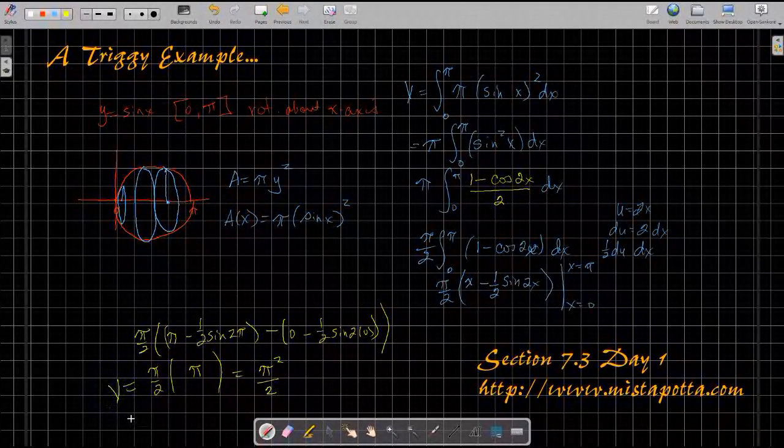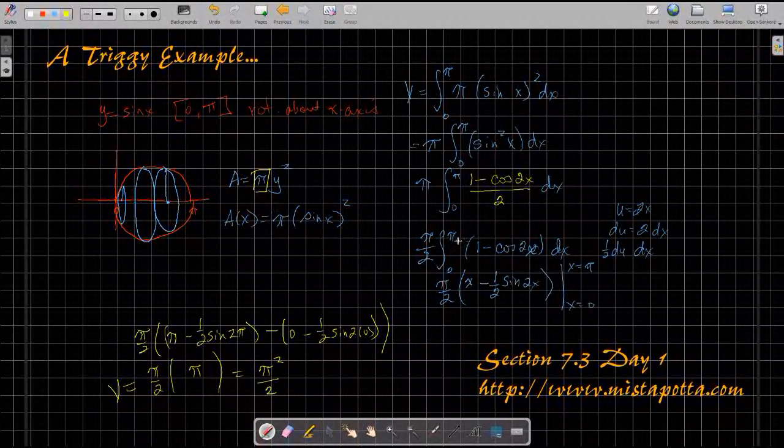Now, it may look a little peculiar to have a volume that involves pi squared. Keep in mind that one of these pi's came from the formula for the area of a circle. That area of a circle is pi times my radius squared.